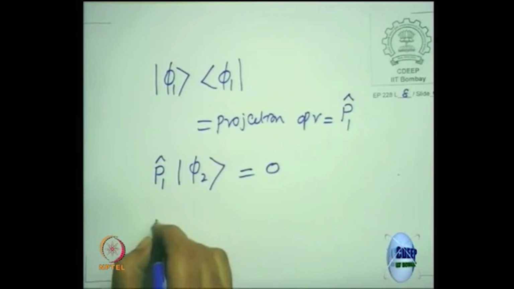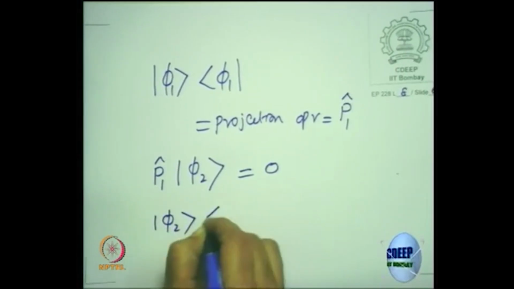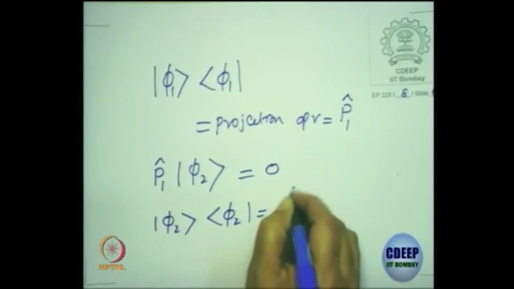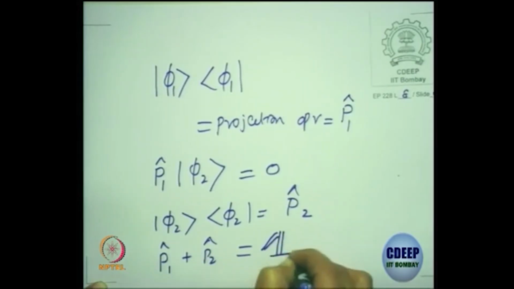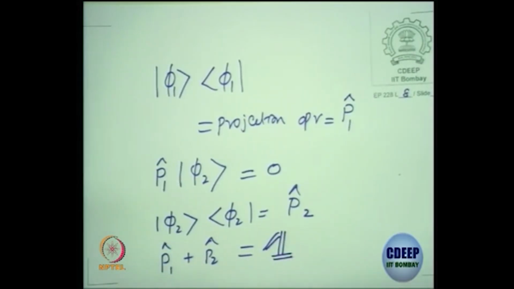So, you can also similarly define for a 2-dimensional vector space a projection operator P2. What is P1 plus P2? The sum of the projection operators should be like an identity operator. In the 2-dimensional vector space, the two projection operators can be summed up to the identity.